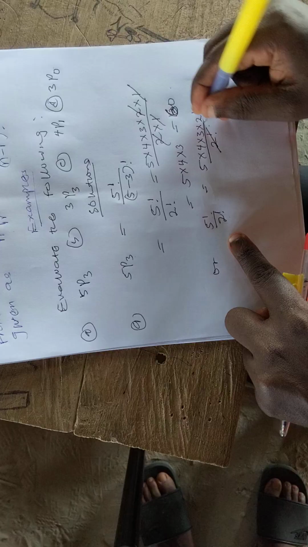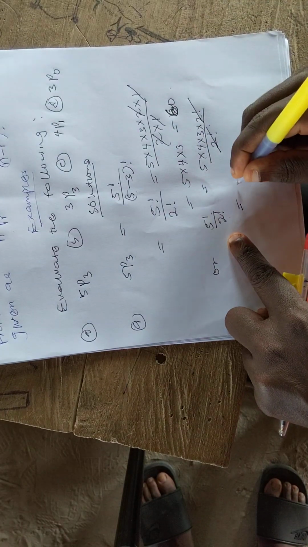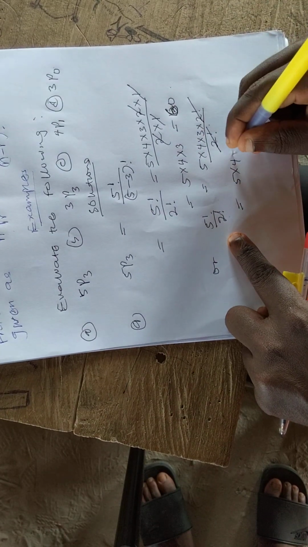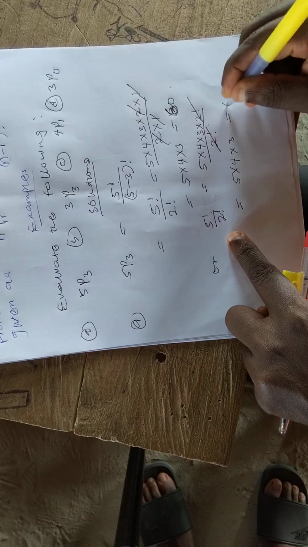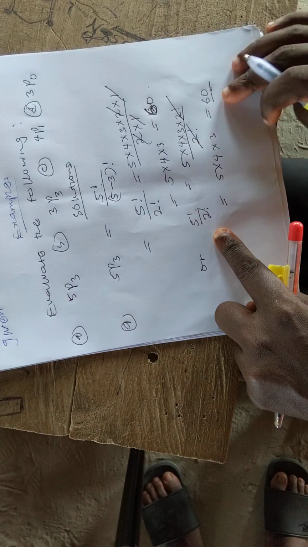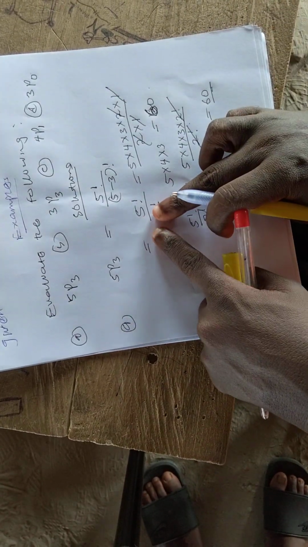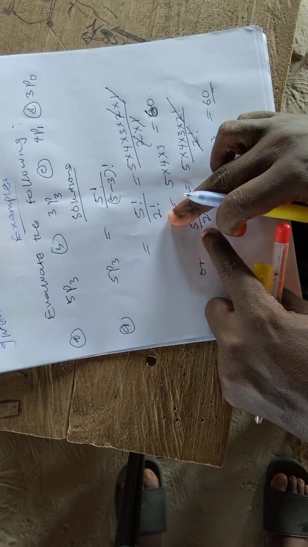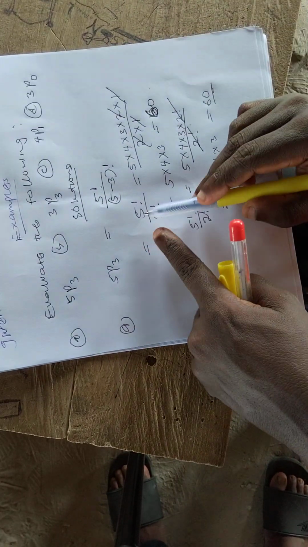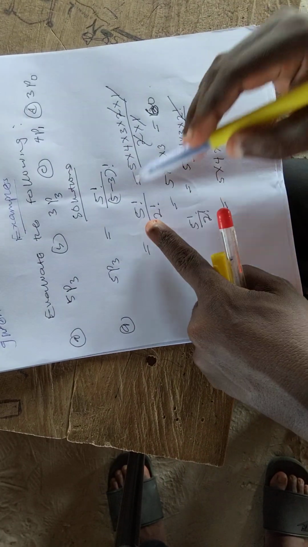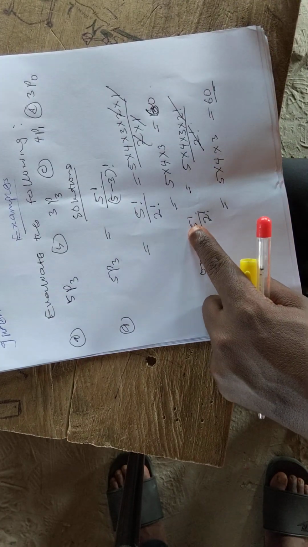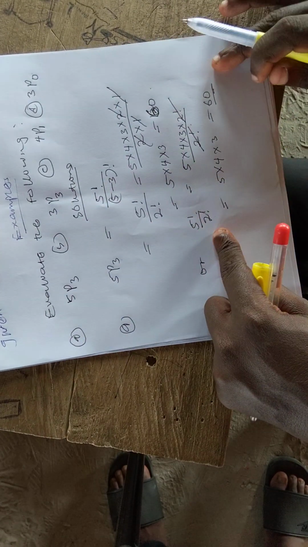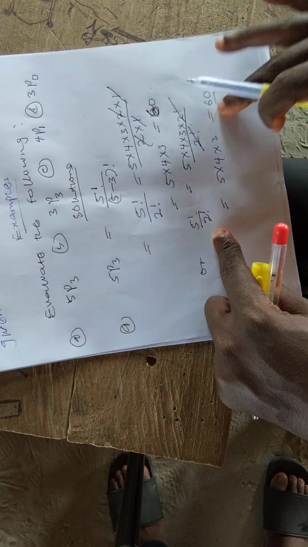So 2 factorial will cancel 2 factorial, and here will give us 5 times 4 times 3, which is 60. This is the other way to solve it, if you don't want to multiply the 5 to 1 and the 2 to 1. You can just take the bigger one until you get to the smaller one, put factorial, so the 2 will cancel out, and you multiply what is left to have your answer.